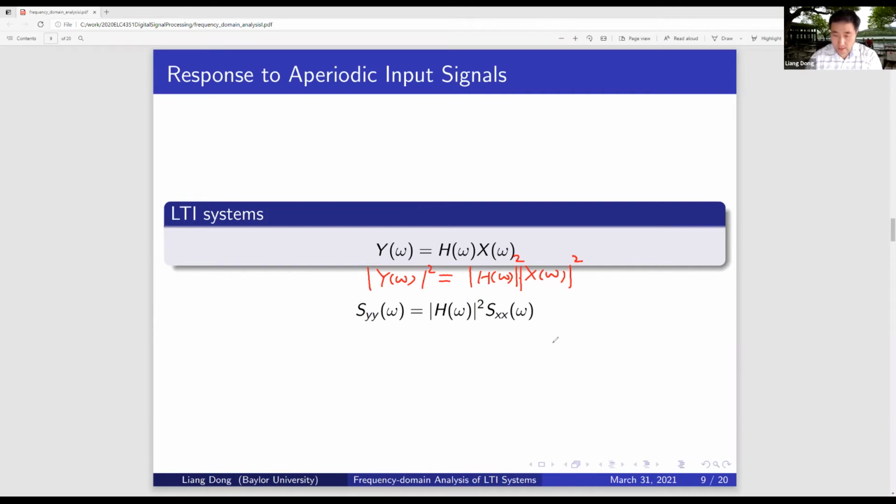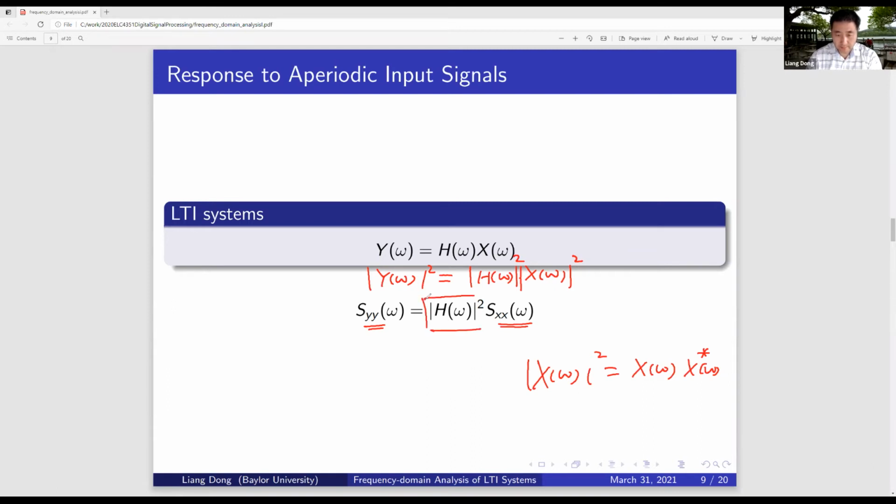If the signal represented in the frequency domain is in general a complex value, then this equals X omega times X omega conjugate. And this is the spectrum of the signal. So the spectrum of the input and the spectrum of the output are related by H omega absolute value square.